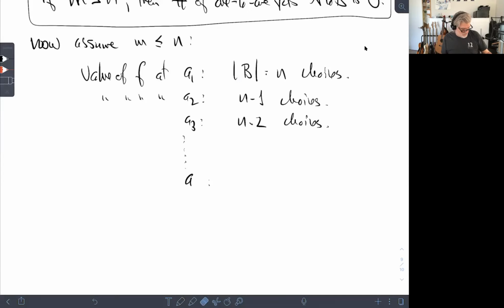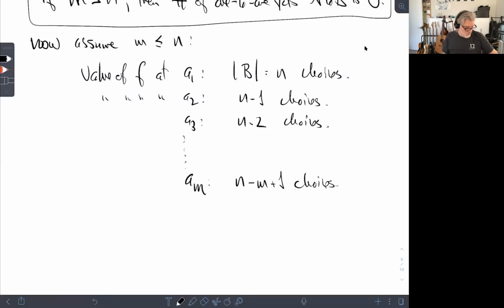Let's write that properly so that we can actually get to AM. So now how many choices are left? I've used n for A1. I've used n minus 1 for A2, n minus 2 for A3. So that will leave n minus m plus 1 choices.